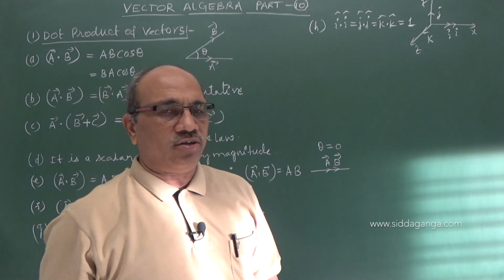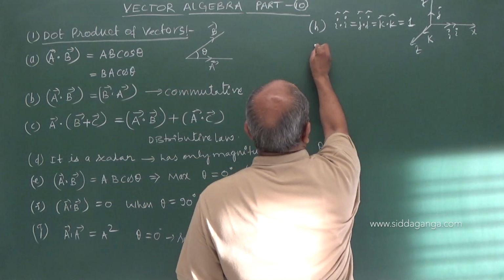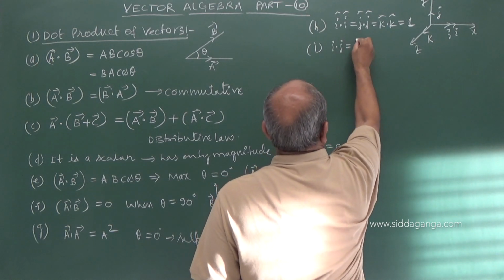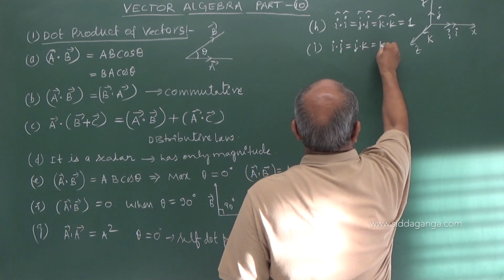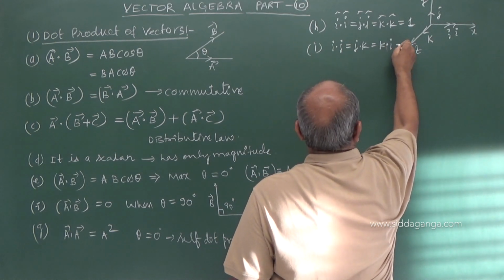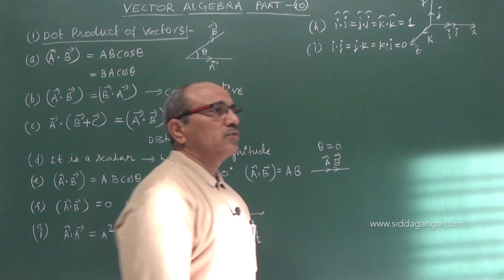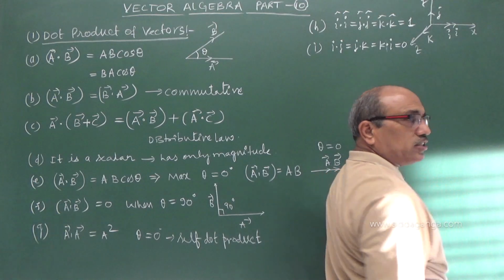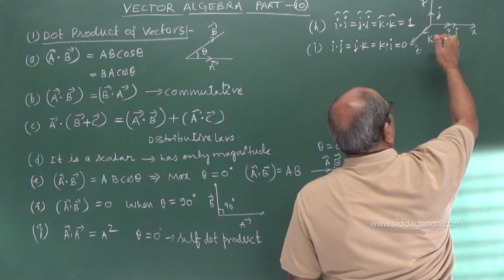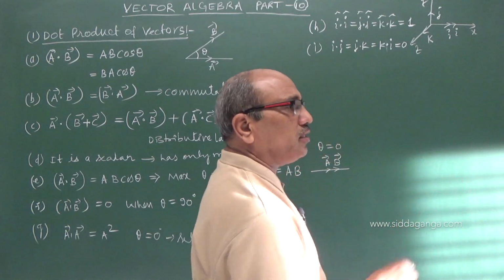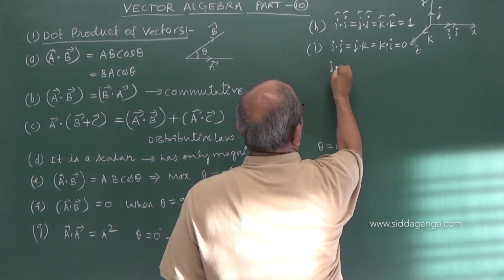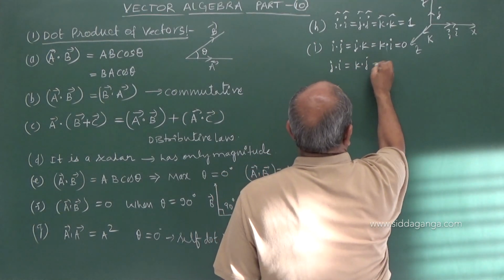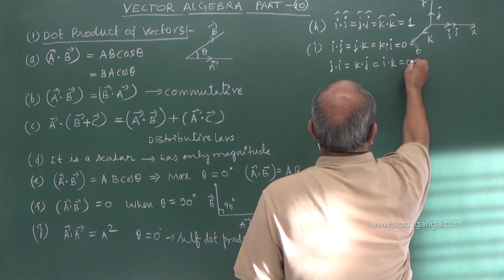No directionality at all. Similarly, i dot j or j dot k or k dot i becomes 0, because for i dot j the angle is 90, cos 90 is 0. j dot k is 90, 0; k dot i is 90, 0. Not only in that order, you can even write j dot i equal to k dot j equal to i dot k equal to 0.